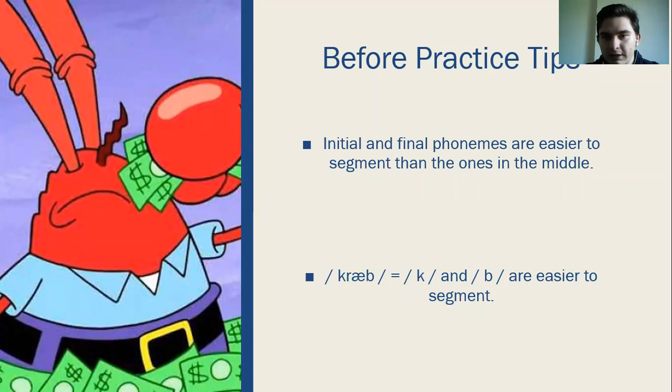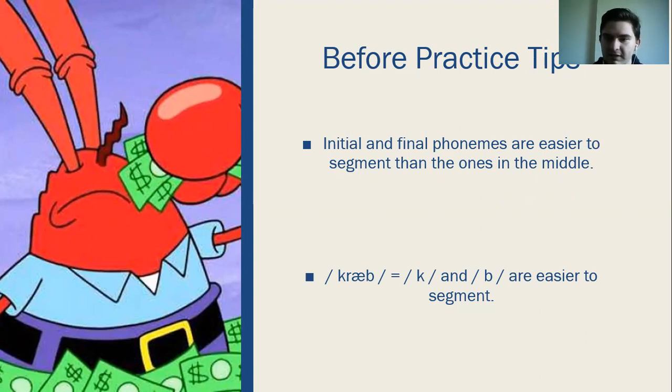Another tip we can give here is that kids tend to pay more attention to the initial and ending sounds of the words that you're trying to dissect or segment. For example, we have crab. When you say crab and want the kids you teach to dissect this word into its phonemes, they might have an easier time with the first and last sounds.